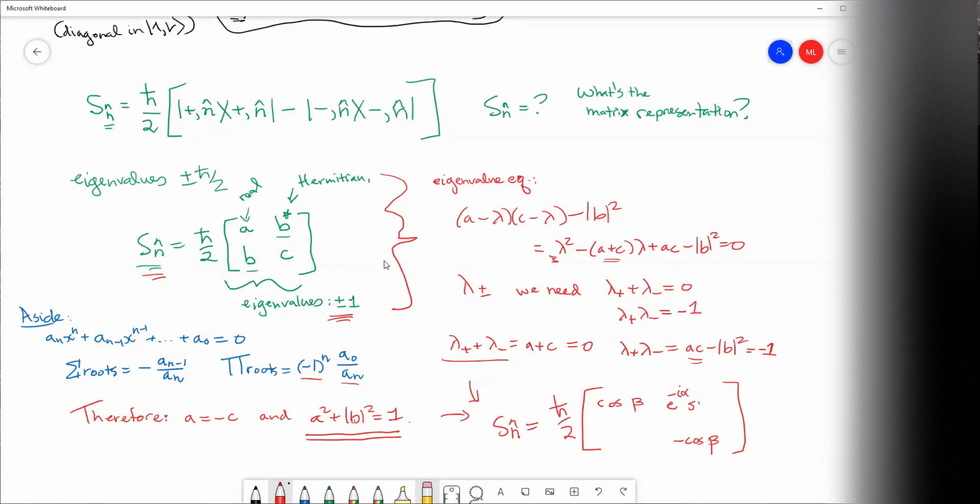And the magnitude has to be sine beta because you have to satisfy this a squared plus b squared is one condition. And then the other piece is e to the i alpha sine beta. And this is the general form for the measurement of the spin along a particular direction.